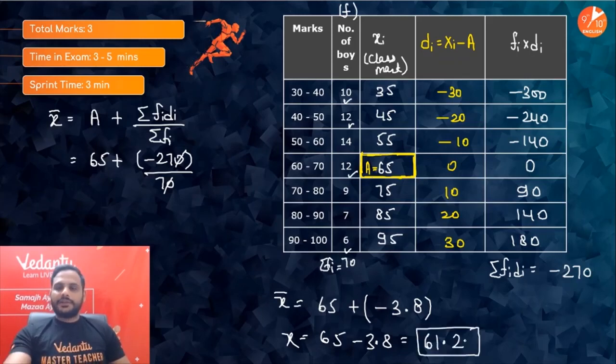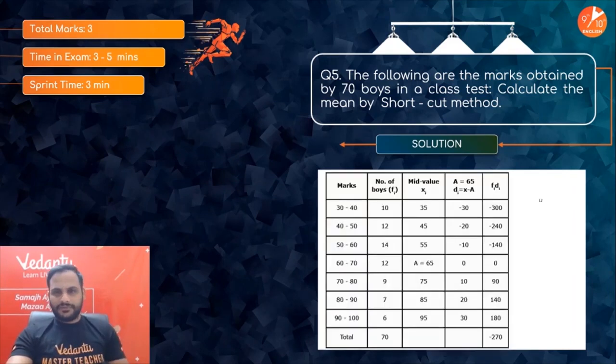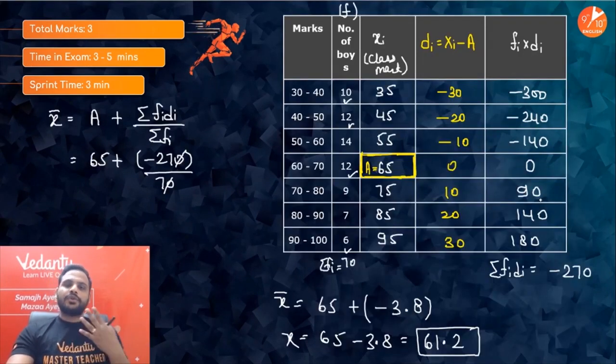This will be the value of mean. I have taken it as 3.8 only, so I have got 61.2. If I take it as 3.86, I'll get 61.14. Same thing. So this is how you use the assumed mean method, or this is your shortcut method.